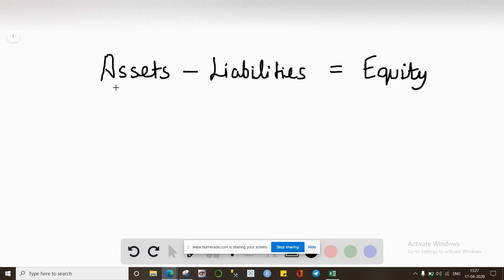However, we will need to know what type of elements we have in assets, in liabilities, and likewise in equity. But before that, I will give you an example so that you can understand the literal meaning of this definition.